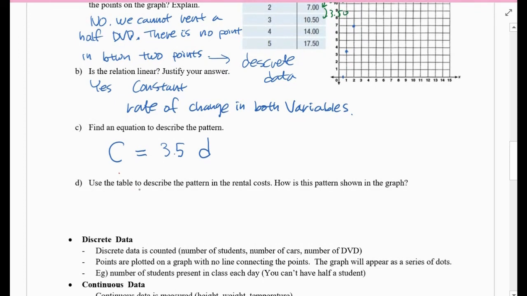Use the table to describe the pattern in the rental cost. How is this pattern shown in the graph? Okay, you are going to describe it.